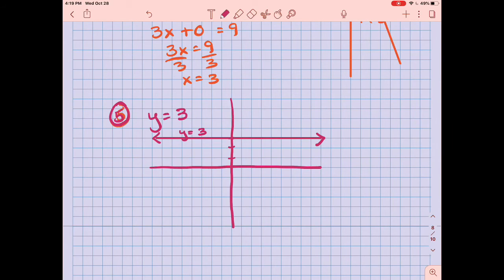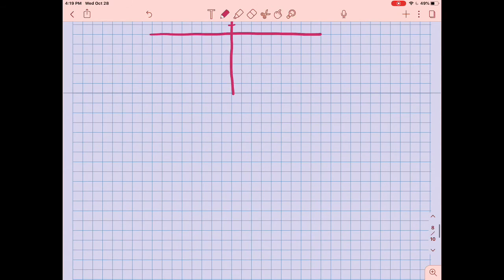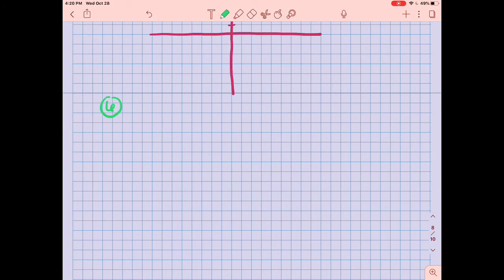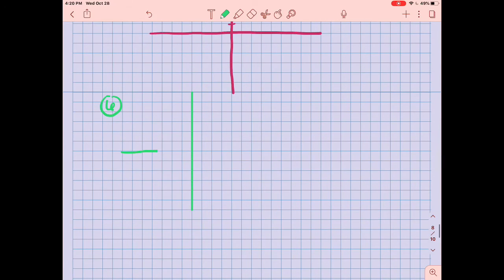All right, number 6. We need to find the x-intercept and y-intercept of a line, and we're looking at a graph. Let's see if I can do this without taking too much time. And the line crosses here, and the line crosses here, and it looks something like this, only actually straight.